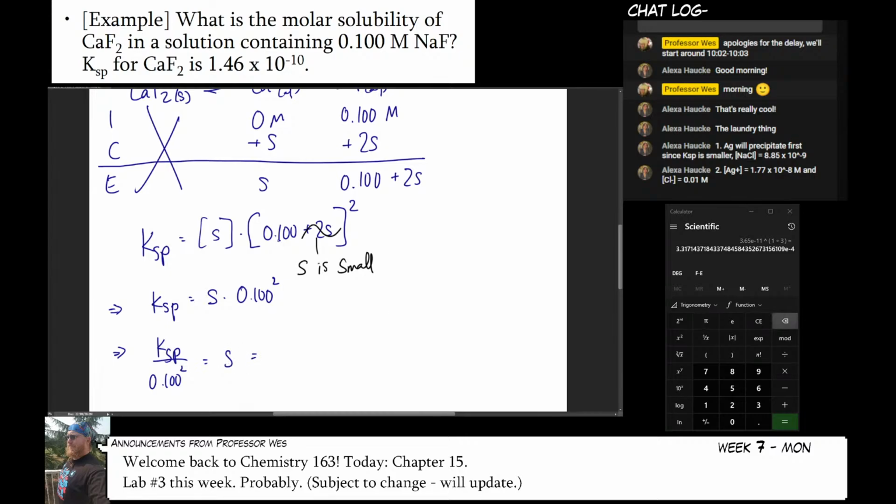So that would be Ksp, 1.46 times 10 to the minus 10, divided by 0.1 squared. And that should be 10 to the minus 8. Yeah, there you go.